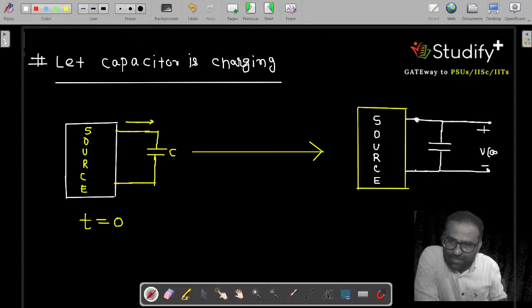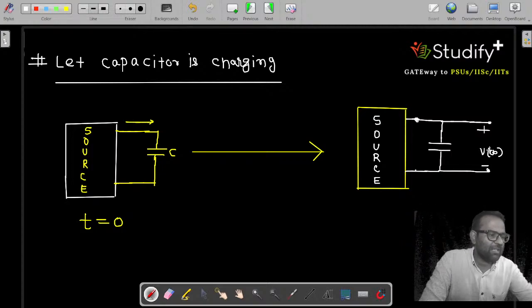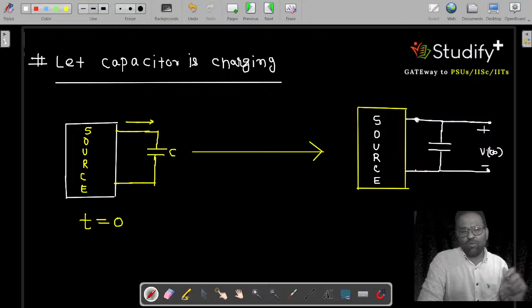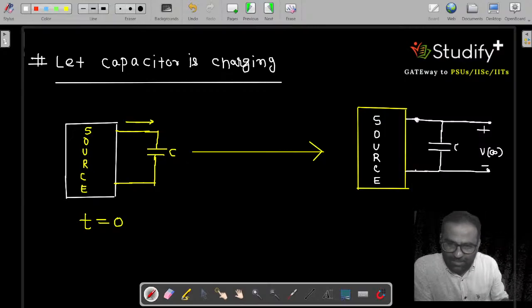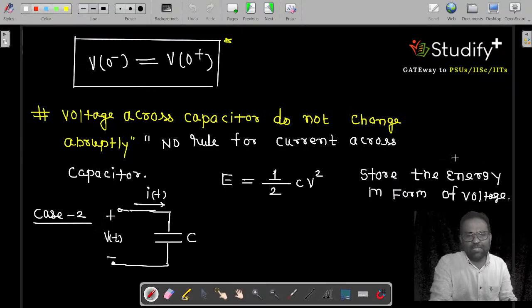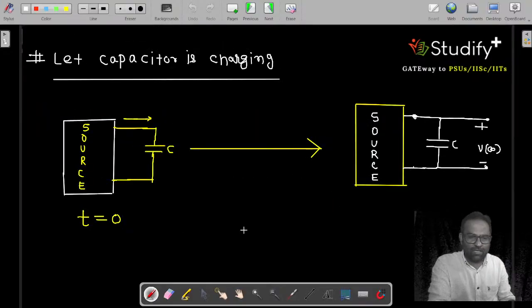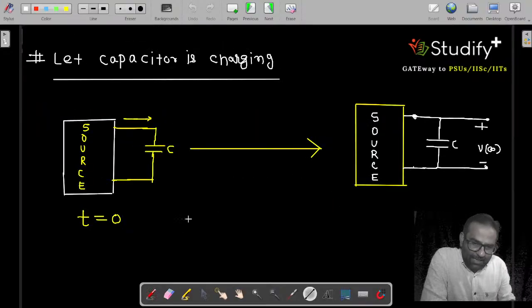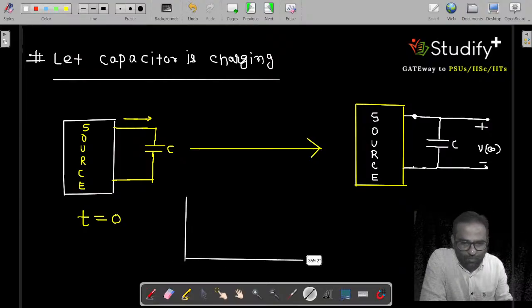V of infinity means a capacitor is connected in the circuit for a long duration of time, and in that duration, how is our capacitor storing the energy? So can I say, a capacitor stores the energy in the form of voltage. So voltage will rise in the capacitor, yes or no? When it is charging, the voltage will rise.